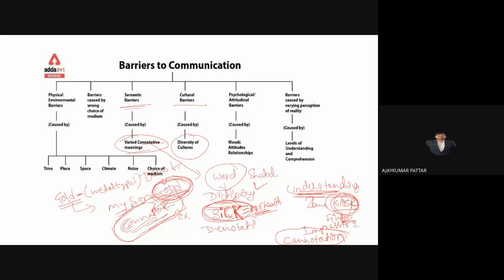All of you know, but in day-to-day life you use it, that is connotative meaning. The word actually has a different meaning in the dictionary. Can anyone give an example, if you have experienced or if you know?